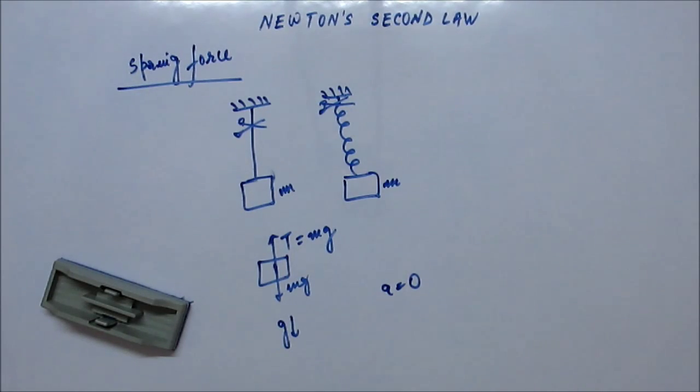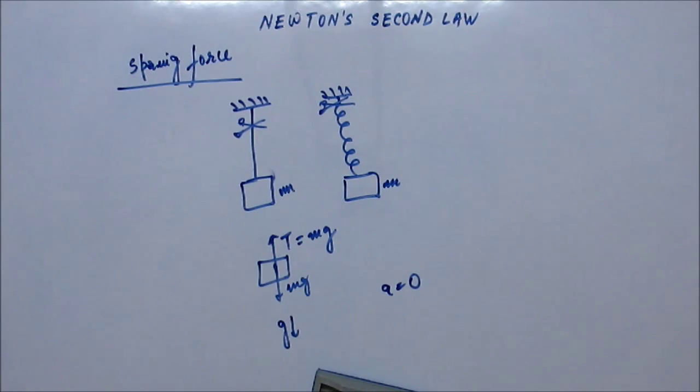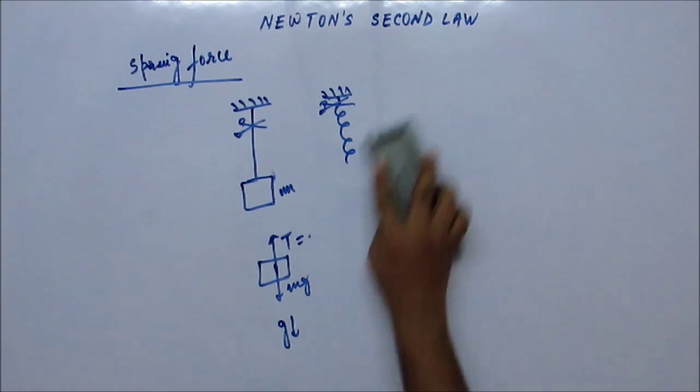That's the concept, and that's pretty easy to understand. So here is the important thing: the string force becomes zero instantly. A spring force does not become zero instantly. It's an important concept, and they have been asking questions over and over again on this concept. So we'll do some problems based on this.